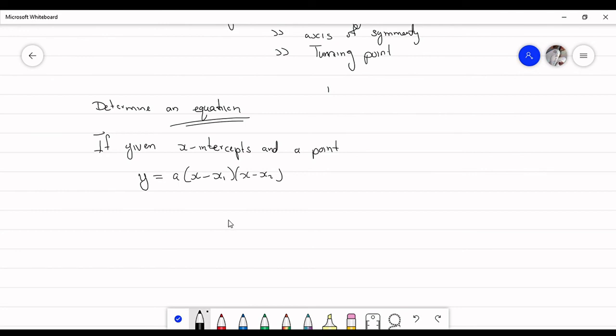So this formula will help you to find your equation.